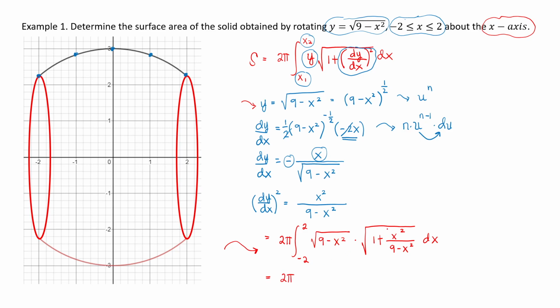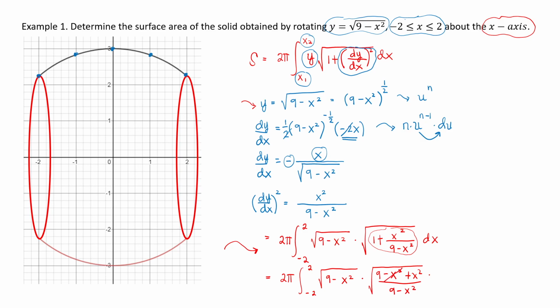We can simplify this term by combining the fraction. From -2 to 2, square root of 9 minus x squared, times 9 minus x squared plus x squared all over 9 minus x squared.